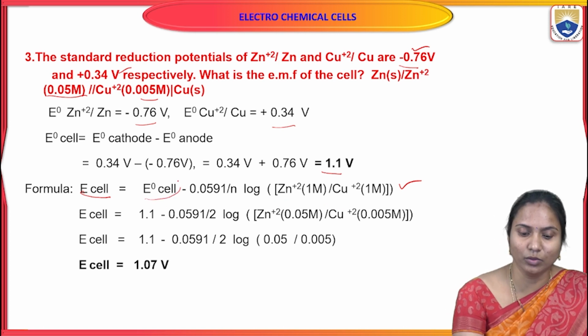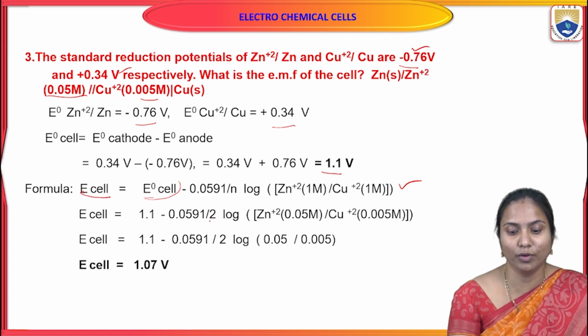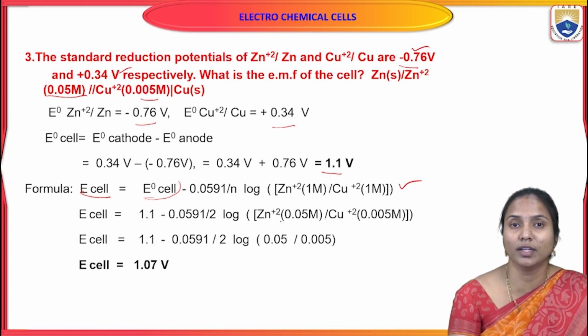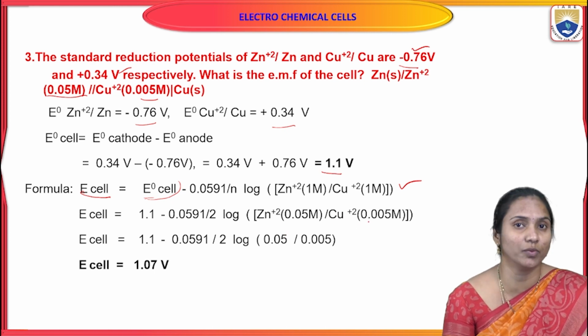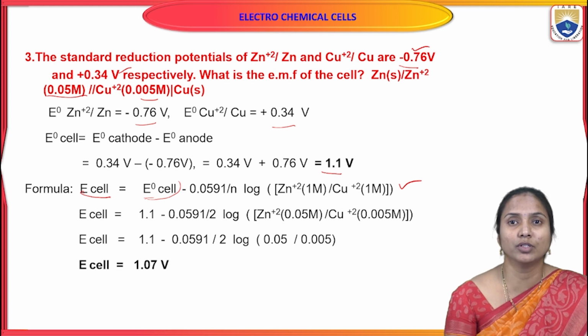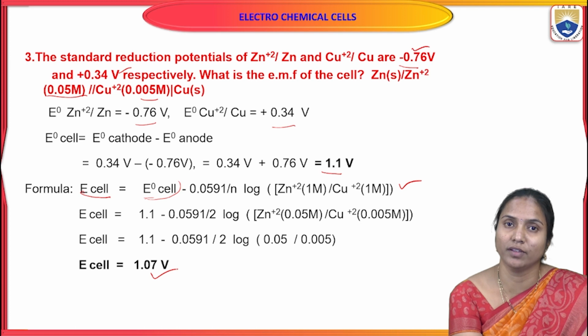So E naught value we already calculated, 1.1 volts, minus 0.0591 by 2 log zinc. Zinc concentration is already given in this problem, 0.05 M, and copper concentration is 0.005 M. Substituting these values in this formula, we will get 1.07 volts.